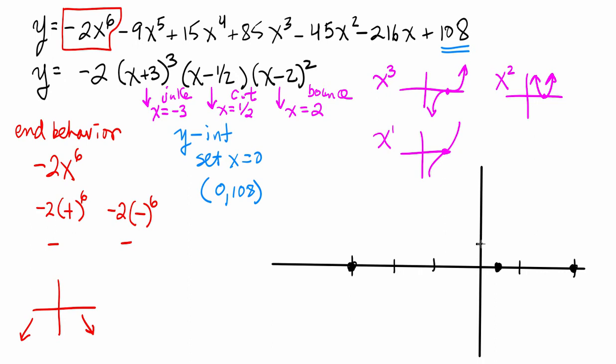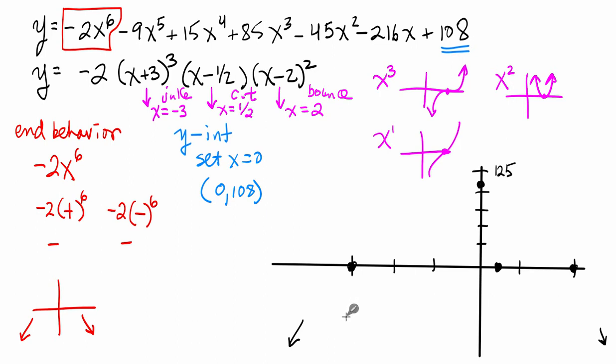As well, 25, 50, 75, 100, 125. I'm marking off the y-axis in a pretty large scale, since we need a y-intercept of 108. So I'm going to mark that off, y-intercept 108. And last, the end behavior. On the extreme left-hand end, we have a downward end behavior, and on the right-hand end, also downward.